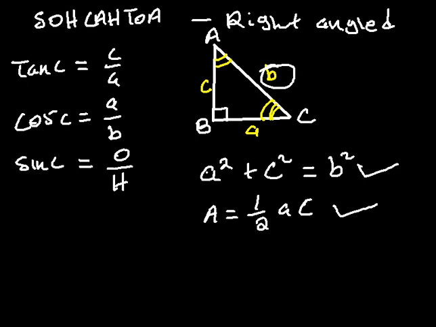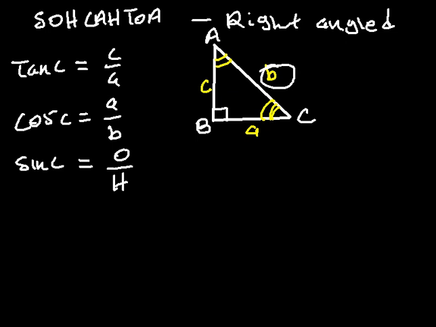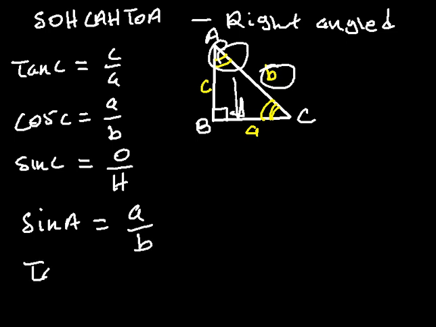And also for the other angles, this is now a task for you. Express the trigonometric ratios associated with angle A. Let me ask: what is the value of the sine of angle A? The sine is the opposite over the hypotenuse. For angle A, the opposite is A, so A divided by the hypotenuse, which is B. And how about the tan of angle A?